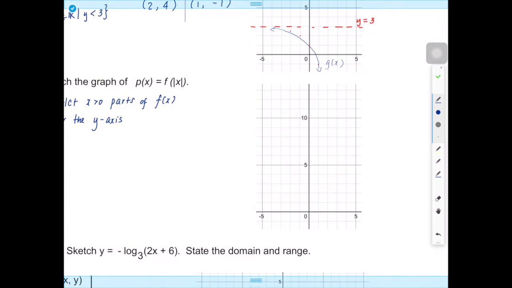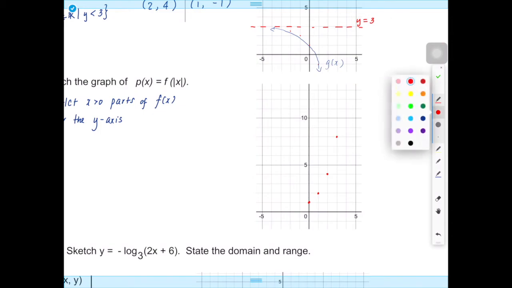Okay, so we got a couple of key points already for the original function y equals 2 to the power of x, and they are (0, 1), (1, 2), (2, 4), and (3, 8). Let's get one more point. And this part stays the same for p of x.